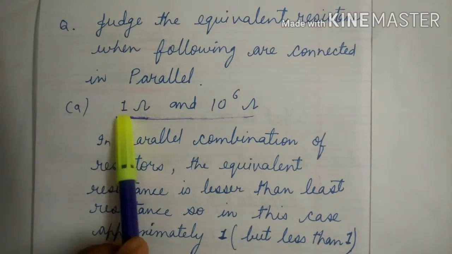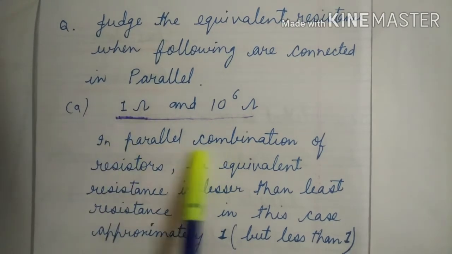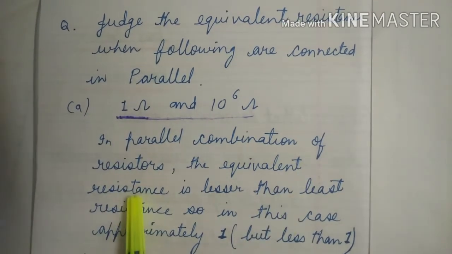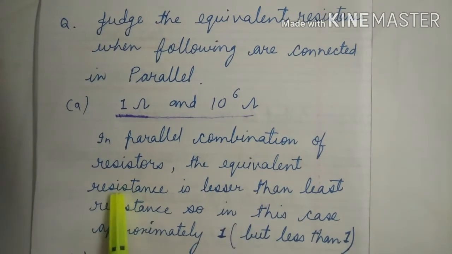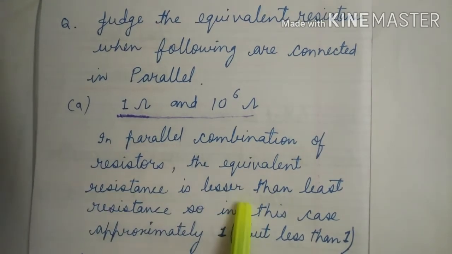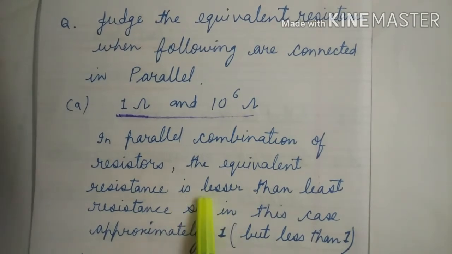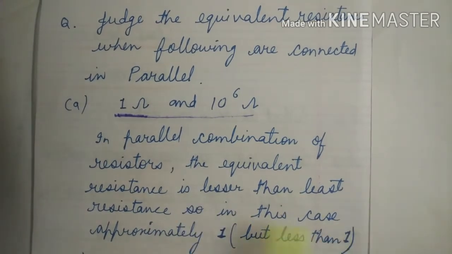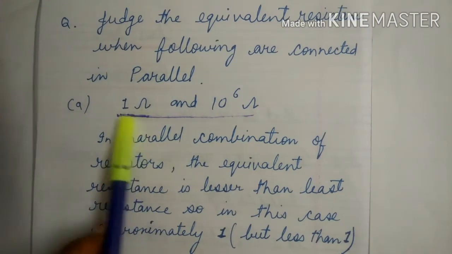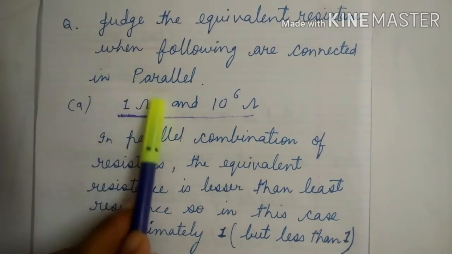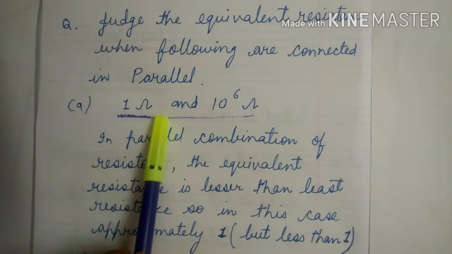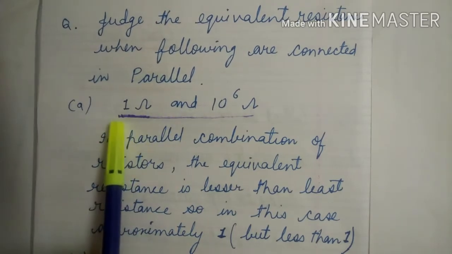Okay. See here, in parallel combination of resistors, the equivalent resistance is lesser. Equivalent resistance हमेशा कम होगा. किससे कम होगा? Than the least resistance. जिसका resistance value least है, हमारा equivalent resistance का value हमेशा इससे कम मिलेगा.